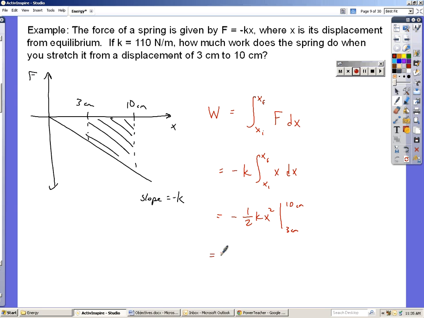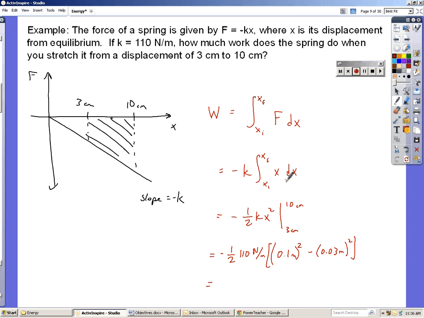And so we have negative 1/2, k is 110 newtons per meter, and so we have 0.1 meters squared minus 0.03 meters squared. Put this in your calculator, or you could have put everything in your calculator at this point.